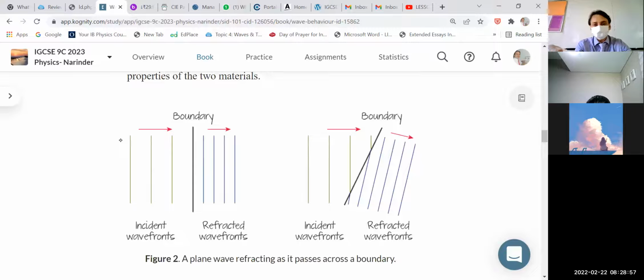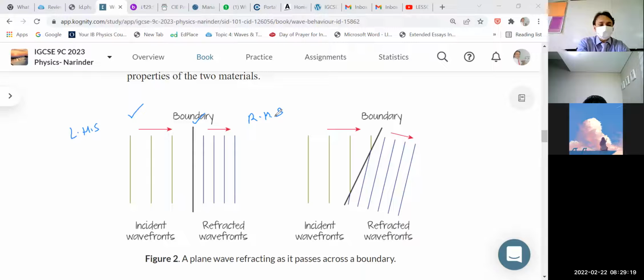First, children, if you have a boundary like this, and the wavefront on the left hand side of the boundary, and that is the right hand side of the boundary. A boundary basically means an interface which is separating one medium and another medium.